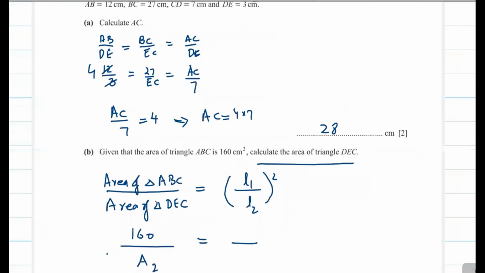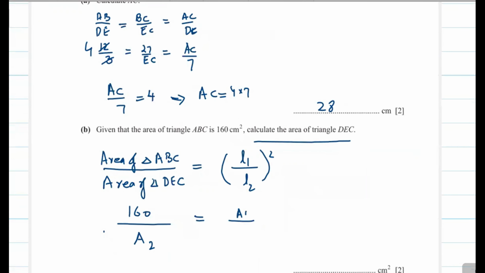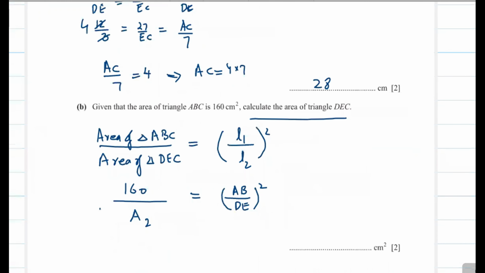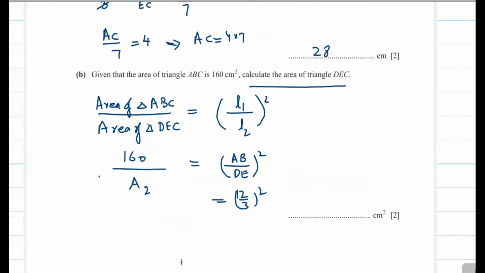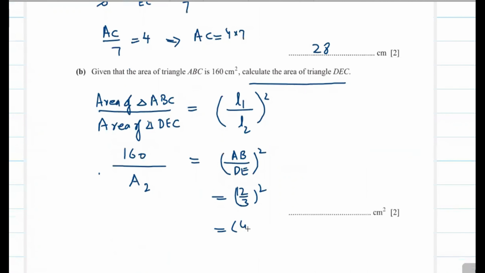AB over DE, you write AB over DE whole square. Now you can write it as 12 over 3 whole square, and that's equal to 4 whole square, 160 over A2.